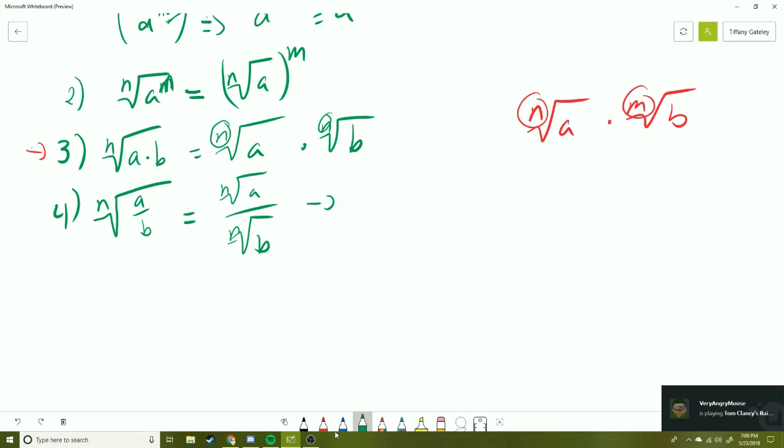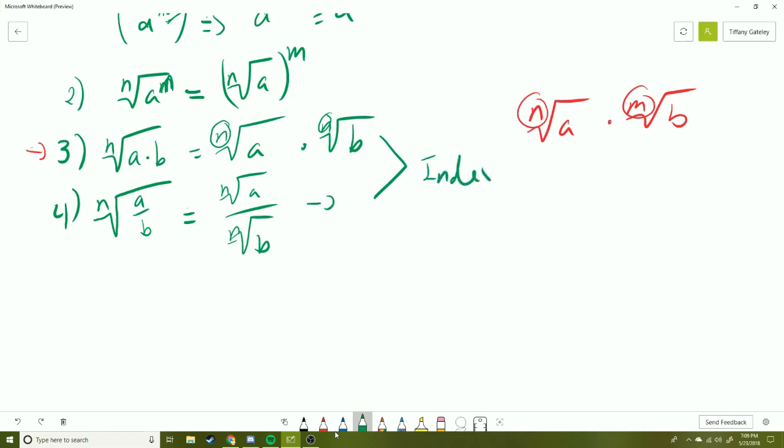It can't be a cube root and a square root. It has to be both square roots or both cube roots or both fifth roots, etc. So indexes have to be the same. I'll make a note. Indexes have to be the same.